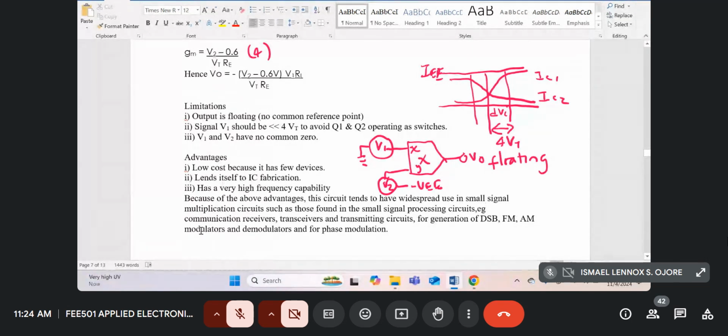So modulators for both DSB, FM, AM, and also in the modulators, and also for phase modulation and also demodulation.